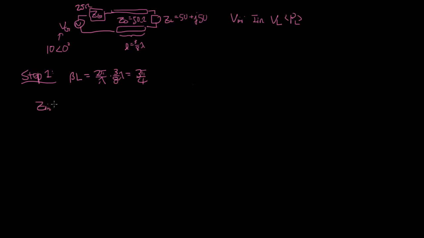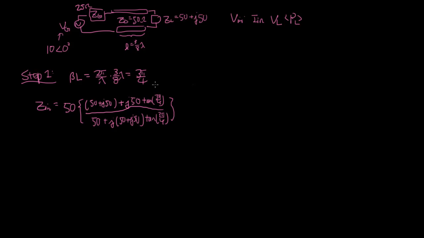With that, we can then calculate the input impedance, which is 50 over the load, 50 plus j50, plus j, the Z naught, which is 50, and tangent of 3 pi over 4, all over, and then the denominator is swapping these two numbers. So 50 plus j, 50 plus j50, tangent of 3 pi over 4.